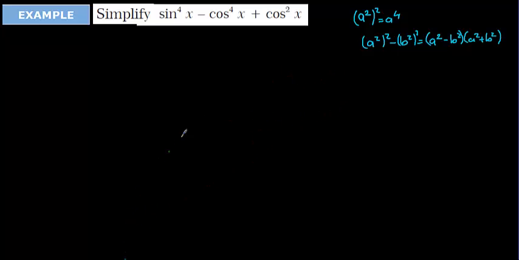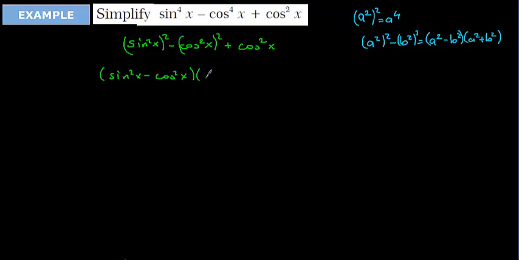Now if we solve this question, instead of sine to the power of 4 x, I'm going to write sine square x squared minus cosine square x squared plus cosine square x. Then a square minus b square is equal to a minus b times a plus b: sine square x minus cosine square x, times sine square x plus cosine square x, plus cosine square x we have here.